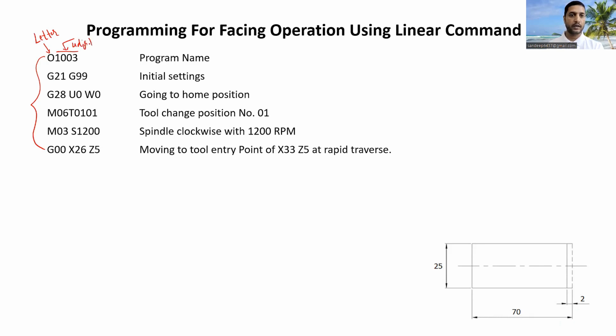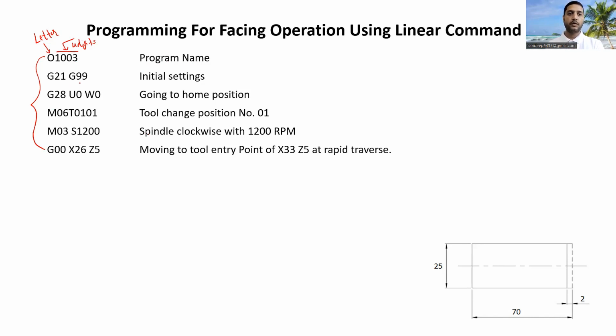I had already explained this in lecture number 4 when we were doing the programming for turning operation by using linear command G01. Those who are watching this video lecture directly, I recommend them to watch my previous video lecture, lecture number 4. The link is given on the top of the screen. You can press the I button and access it. So O1003 is the program name.